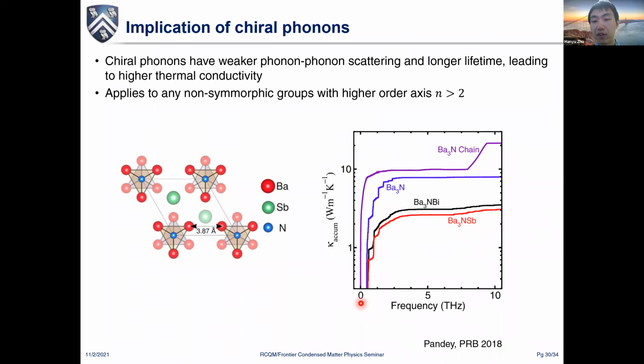So either it's gamma acoustic phonons, so very low frequency, or the optical phonons also at the gamma point, which generally don't contribute to any thermal conductance because of strong scattering. But chiral phonons don't scatter. So in these perfect chains, the thermal conductivity is a few times higher than if the chains start to interact with each other in a bulk material, or worse, if these chains are coupled by some additional atoms.